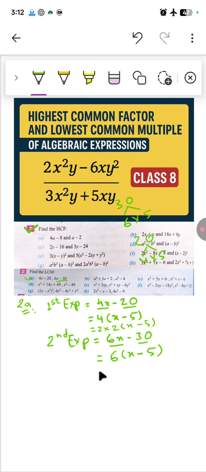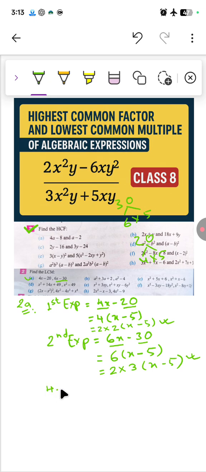Further this 6 can also be factorized into 2 into 3. The numbers can be factorized in their prime form, x minus 5.